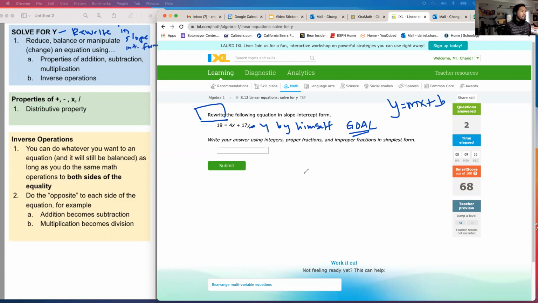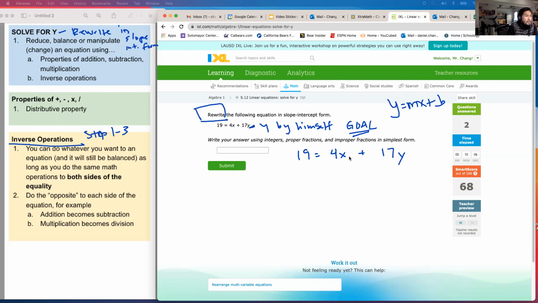Okay? So let's see, what is my first step? Well, if I want y by himself, the first thing I might do is an inverse operation on the x. So this is going to be my step 1. And actually all my steps are going to be here. So 19 equals 4x plus 17y.